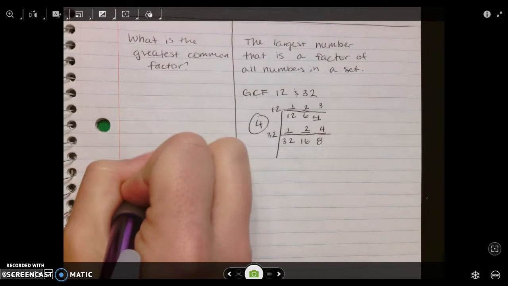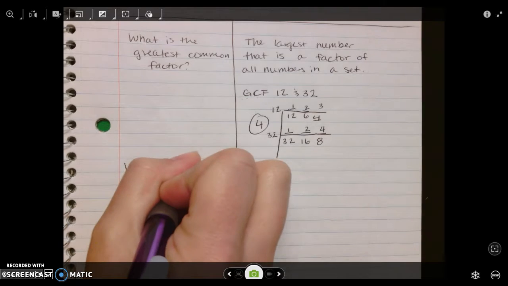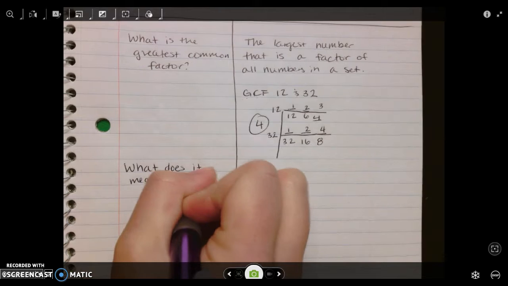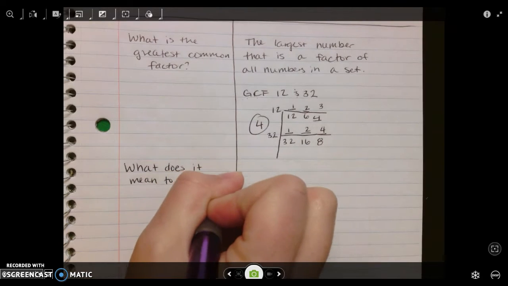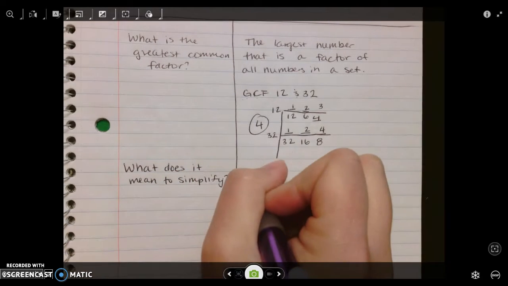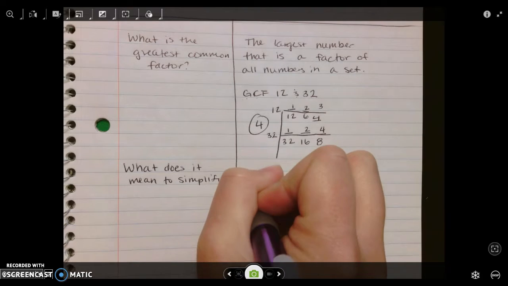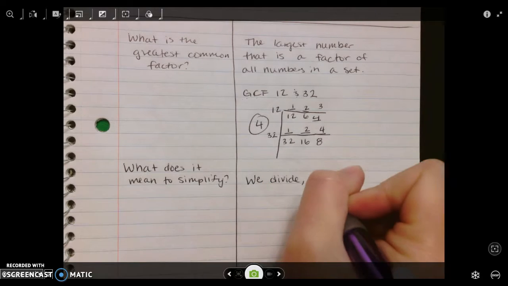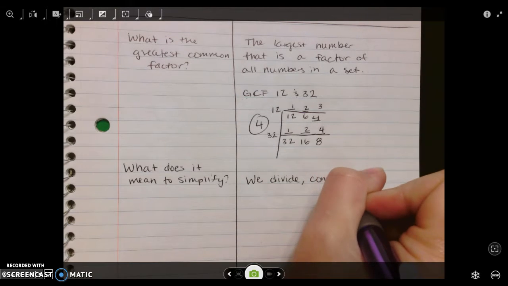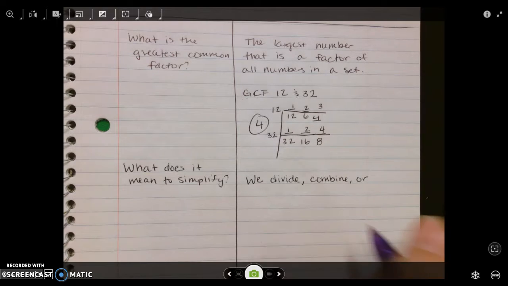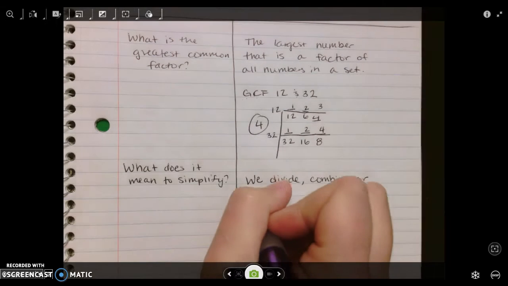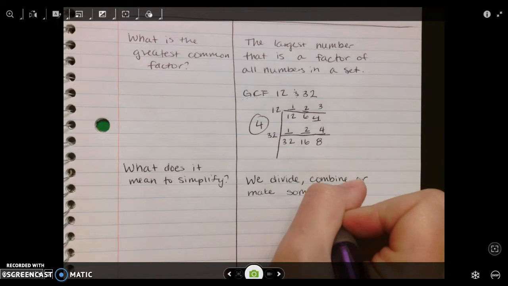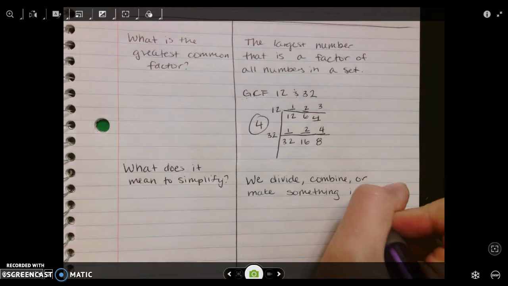So what does it mean to simplify? To simplify means we divide, combine, or make something in lowest terms.